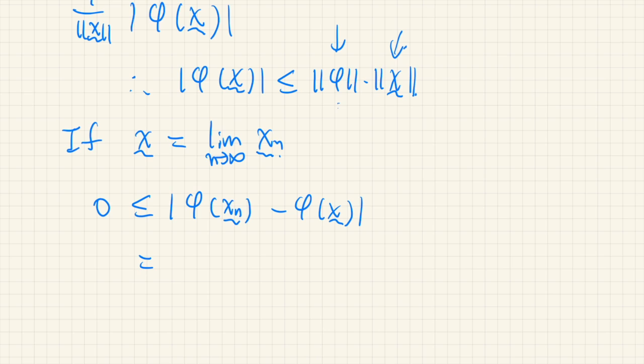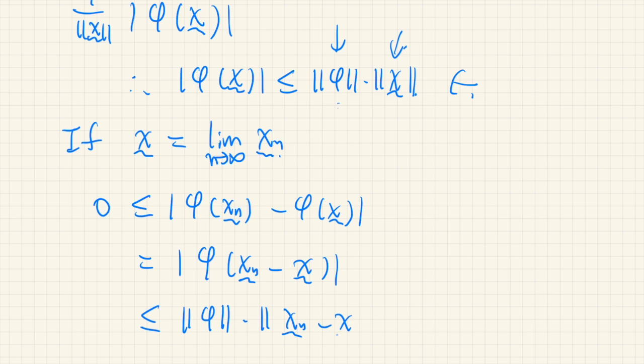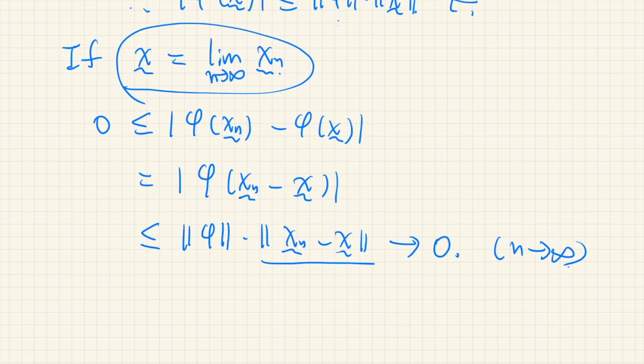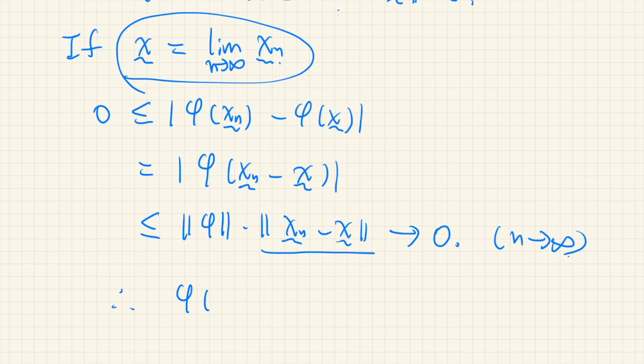But phi is a linear operator, so this is equal to phi of xn minus x. But using this inequality, this is less than or equal to the norm of phi times the norm of xn minus x. But since xn converges to x, this converges to 0 as n goes to infinity. Therefore, phi of xn converges to phi of x as n goes to infinity. Therefore, phi is continuous.